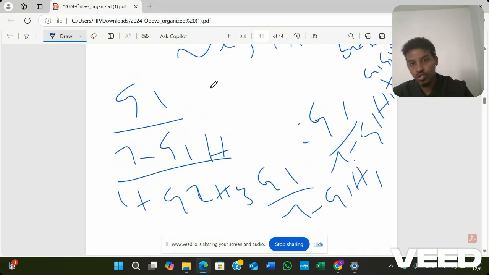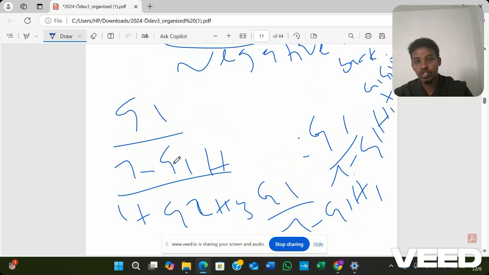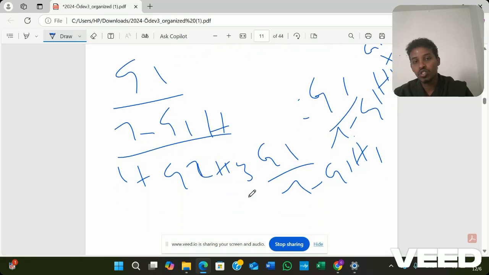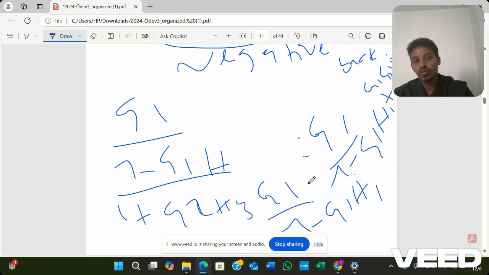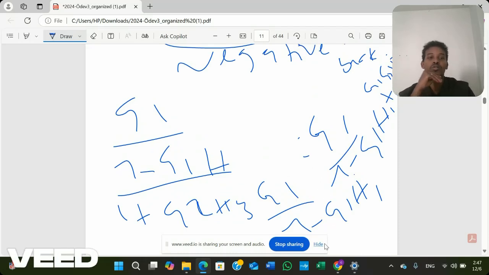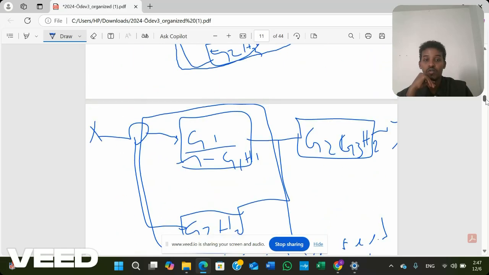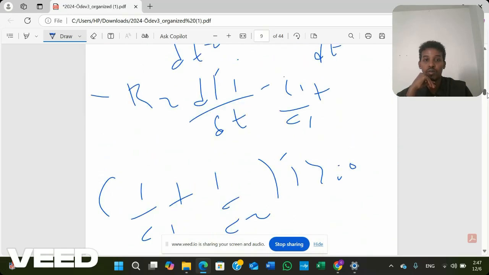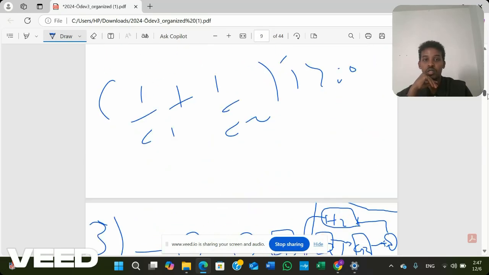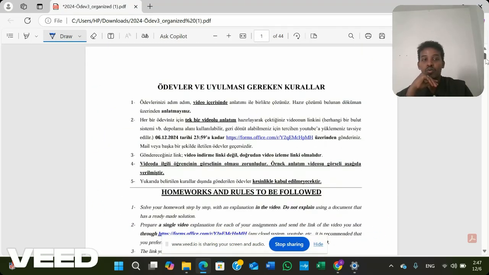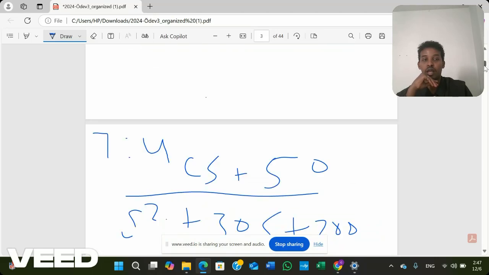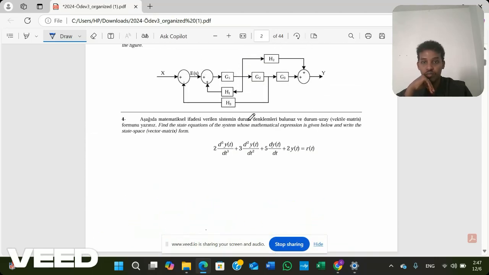I did question 3 for this negative feedback, and I also did the positive feedback. This will be a cascade equation. I did my best, and then I will do the fourth question, the last one for this homework 3.